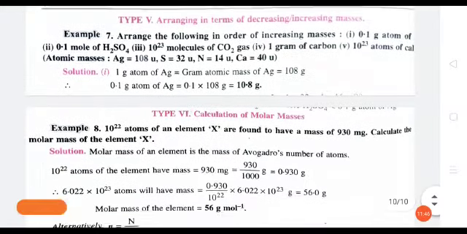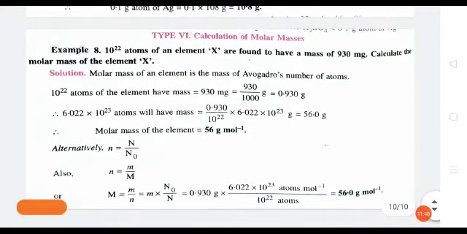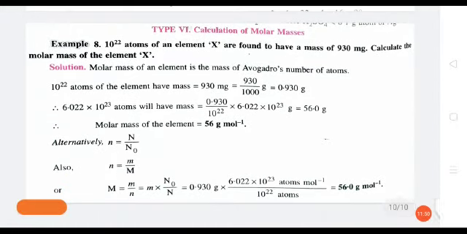Okay. Now last is calculation of molar masses. 10 to the power 22 atoms of an element X are found to have a mass of 930 mg. Calculate the molar mass of the element X. Okay, so how we will solve? 2 methods are given.